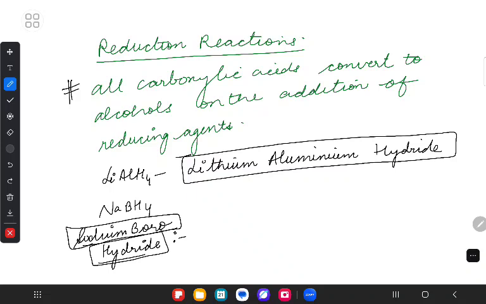Two very important reducing agents, and they're both white powders. If I ask you which is a better reducing agent, I would say LiAlH4 is the stronger reducing agent that we have. Are we understanding?